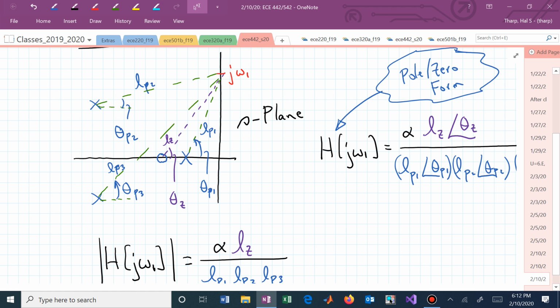What's the phase of H of j0 at DC? It's 0, because the complex poles are conjugate pairs. The one upstairs cancels the one downstairs at 0, and so you're left with 0. The pole and zero on the real axis are not giving you any angle contribution at j omega with omega equal to 0.